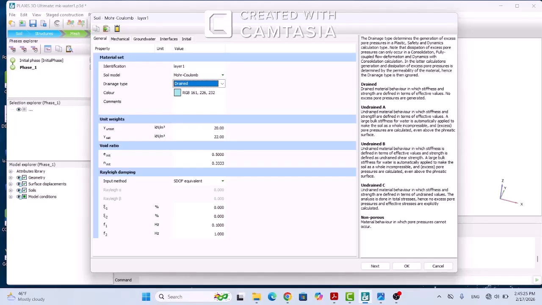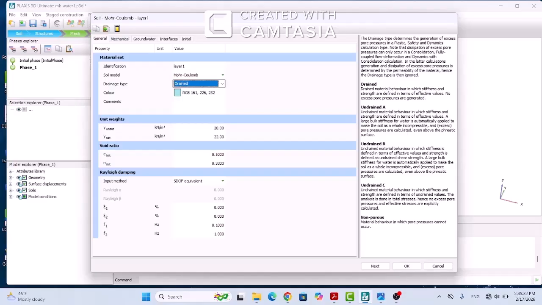Option one, undrained A. In undrained A, we use effective parameters for stiffness and strength parameters. For example, for deformation, we must use stiffness parameters like E and Poisson's ratio.